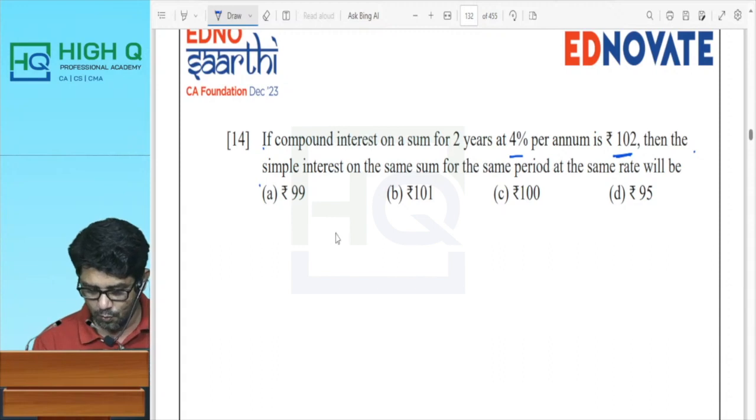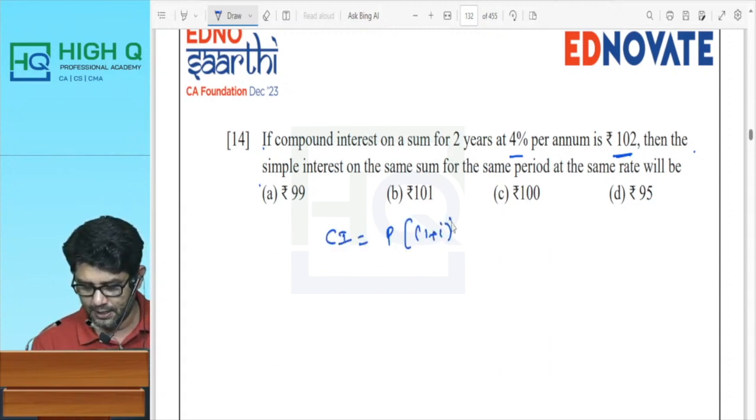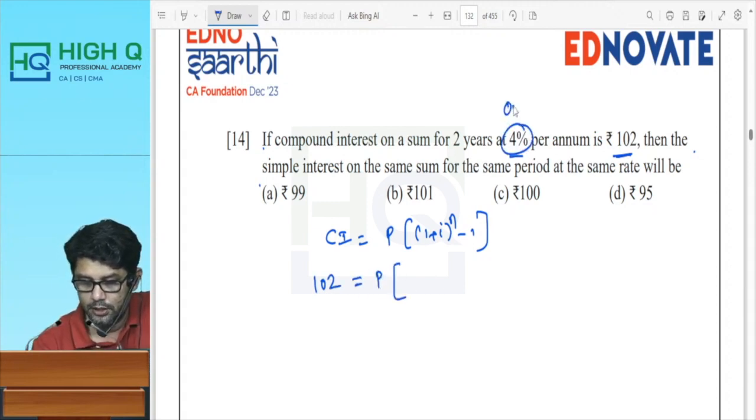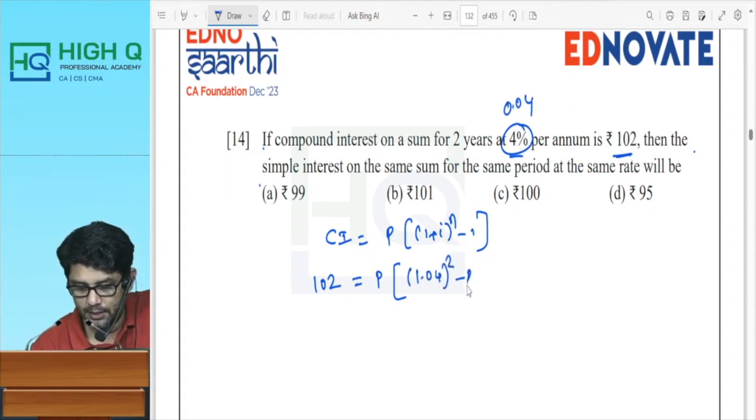Now, what is the compound interest formula? P into (1 plus I) whole power n minus 1. Compound interest is given as 102. 102 is equal to P into (1.04 whole square minus 1).